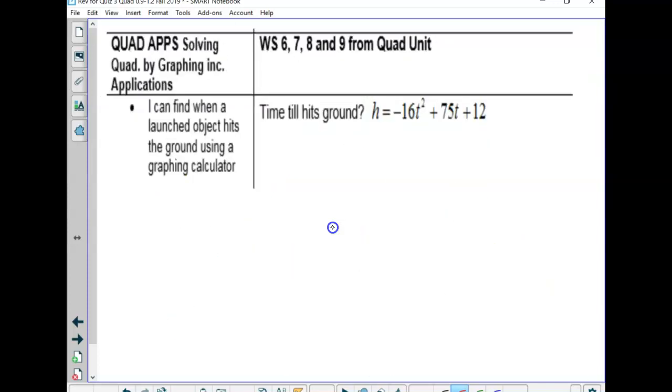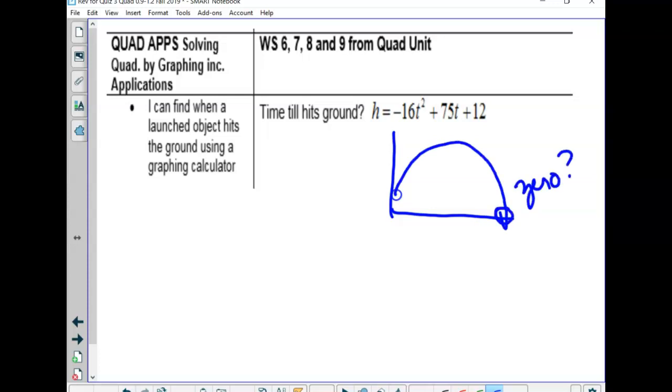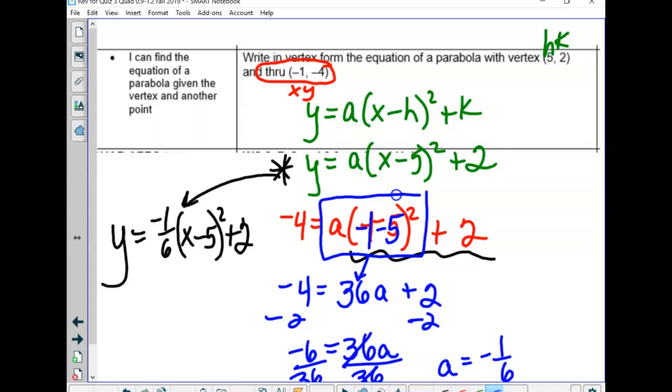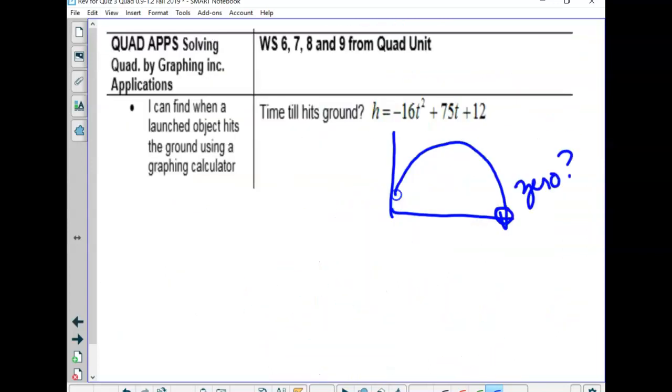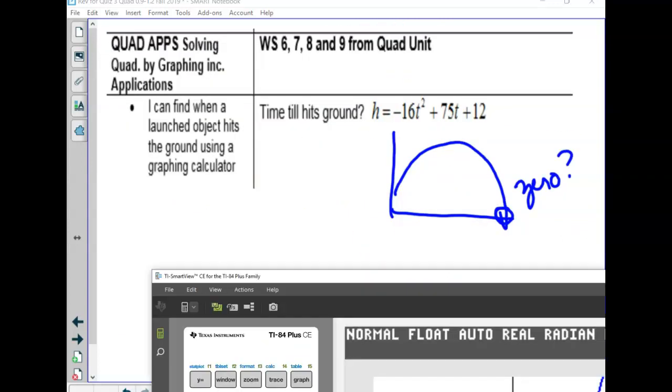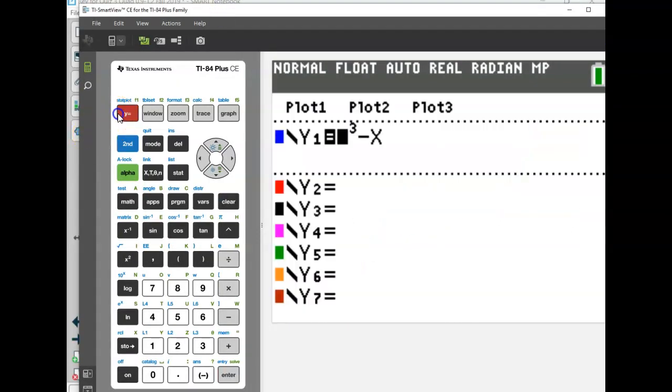When does this hit the ground? Should be doing something like this, and you need to find the 0, right? You just got to find an appropriate window. Did I do all the rest of them? Man, I swore I wasn't going to do them all. Negative 16x squared.